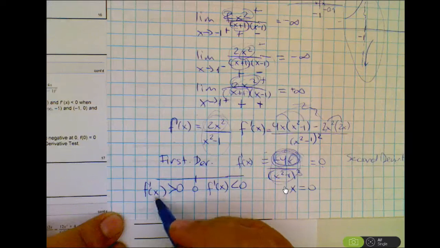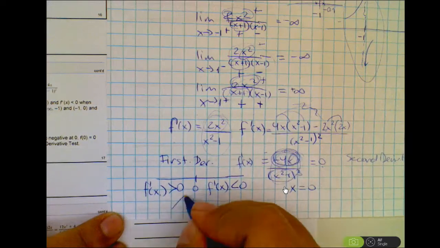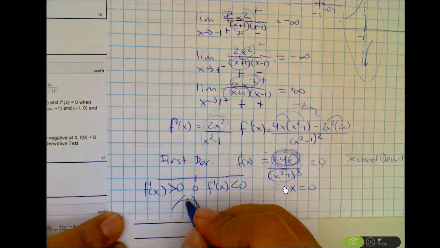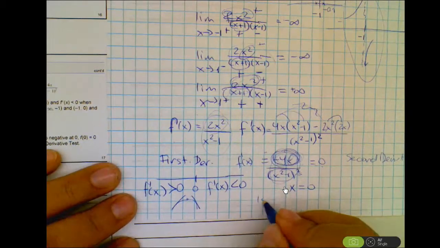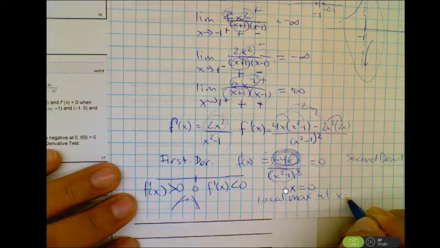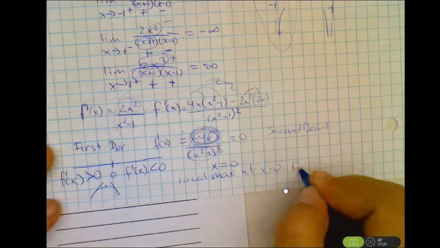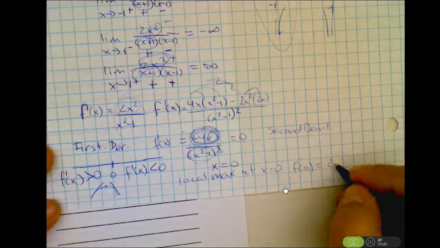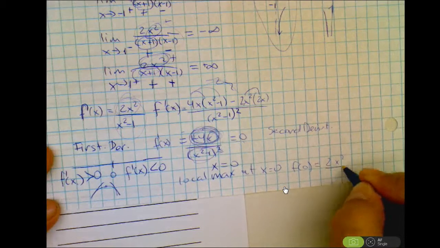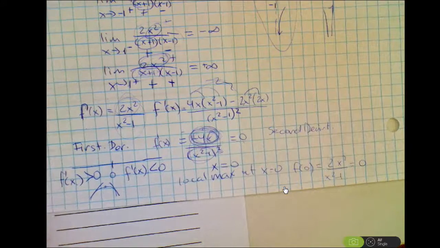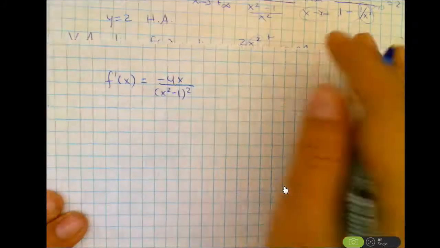So if the derivative changes from positive to negative, you're looking at a local maximum at x equals 0. But how much is that maximum? Now you have to find f of 0 on the original: 2x squared over x squared minus 1, and when x is 0, this is definitely 0.